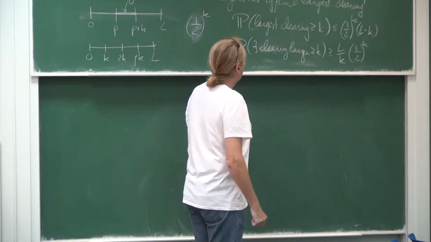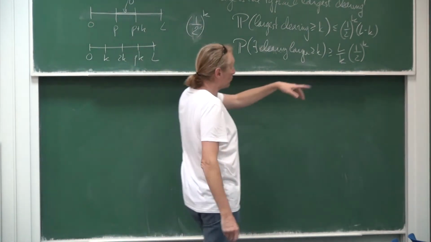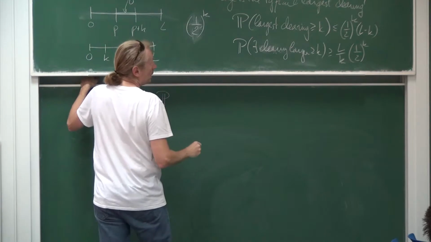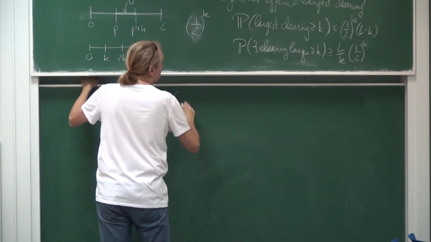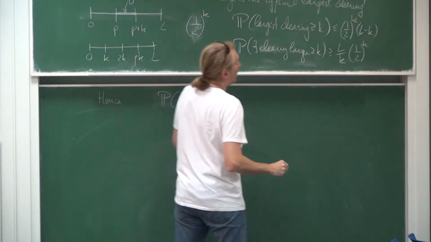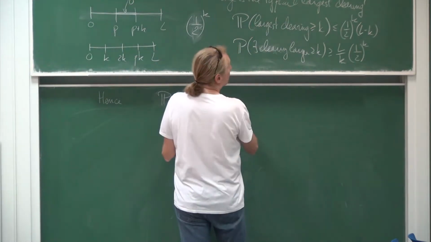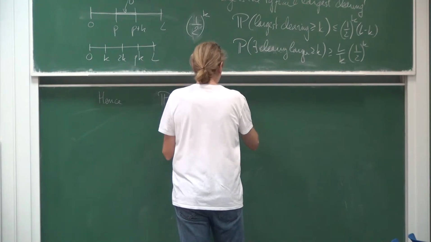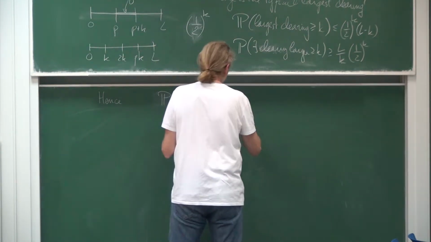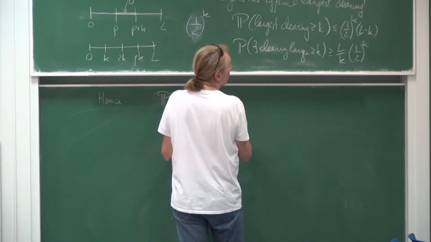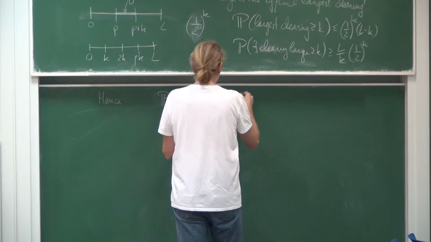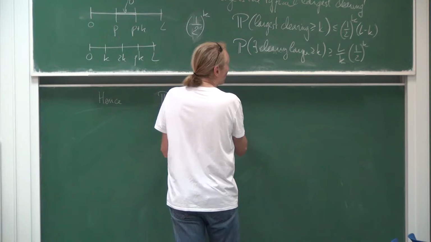Okay? And so, hence, the probability that the largest clearing is larger than, what do I need to take? Let me just compute the right constant by hand.